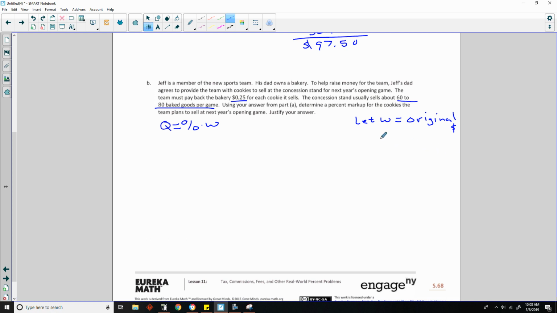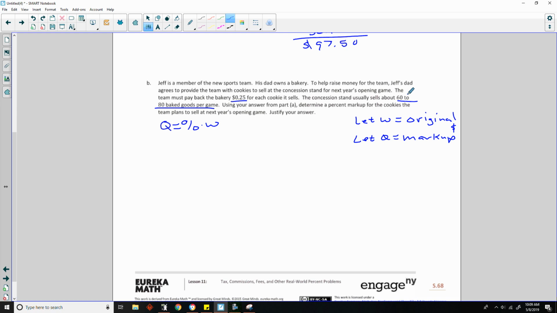Okay, and I'm going to let Q, in this case, equal the markup. All right, so we need to determine how much we're going to charge per cookie.